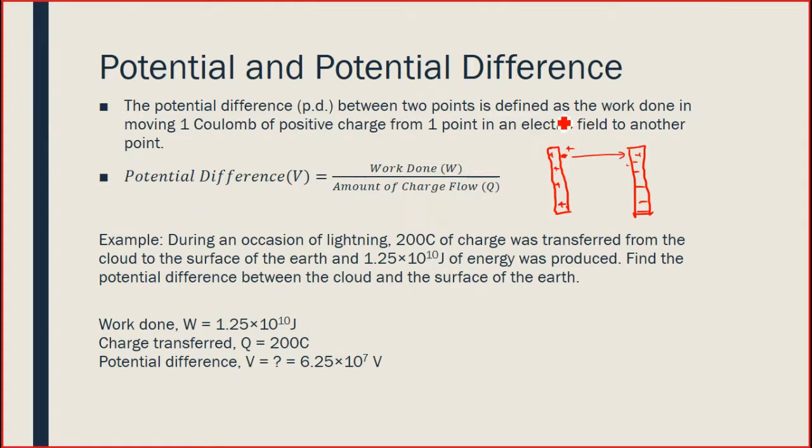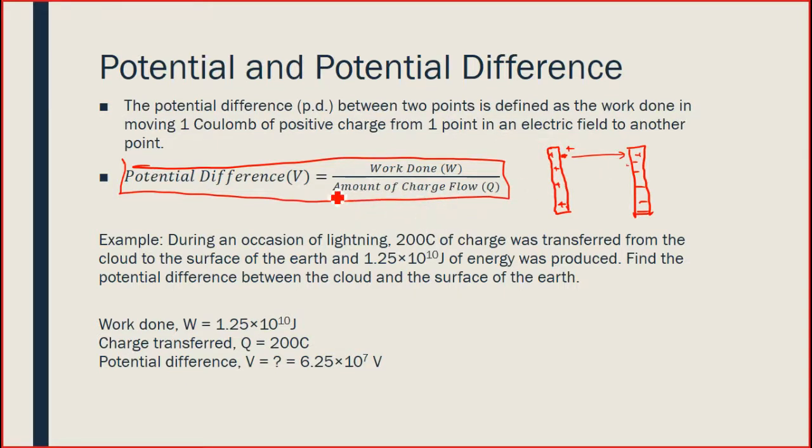The work done to move this charge is called potential difference. This is the formula: the potential difference V is equal to work done divided by the amount of charge.